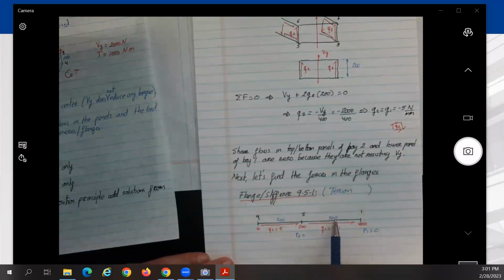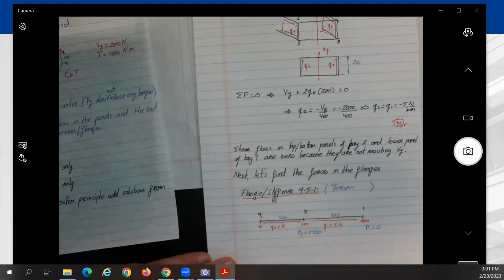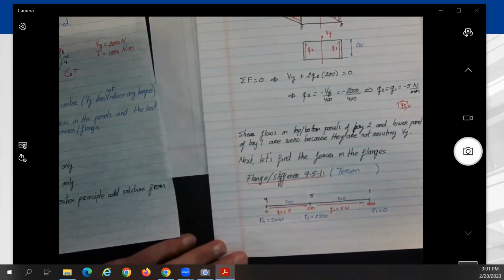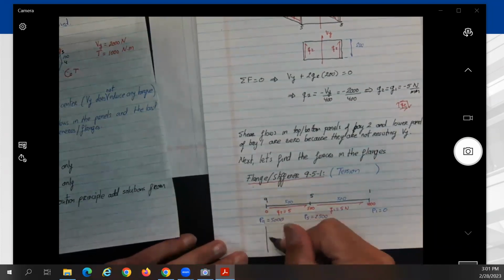How much is 500 times 5? 500 times 5 is 2,500. And then at P9, what would be the load? 5,000. Another 2,500.